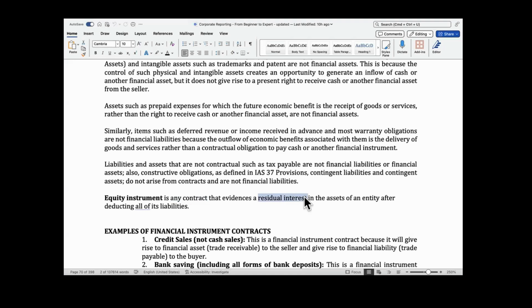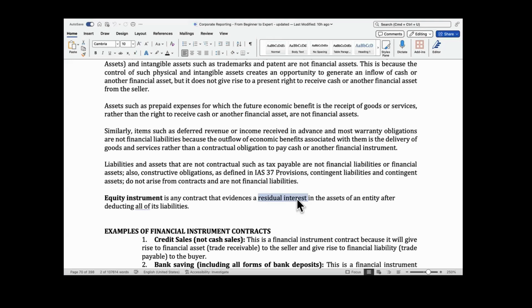Residual interest as in the owners of business who get returns last, who get considerations last, that you need to have paid every other stakeholders in the entity.